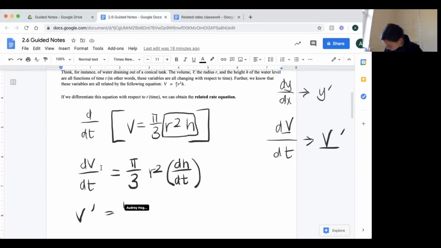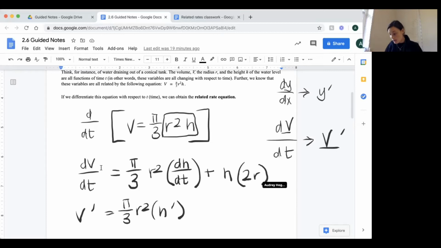So this could also be written as pi over 3 r squared h prime, first times the derivative of the second, plus second, which is an h, times the derivative of the first. The derivative of r squared is going to be 2r, but again, I'm an r, not a t, so I need to prime myself, dr over dt.